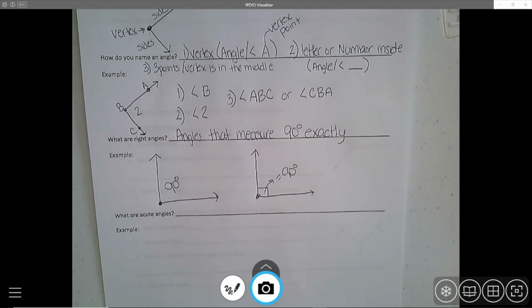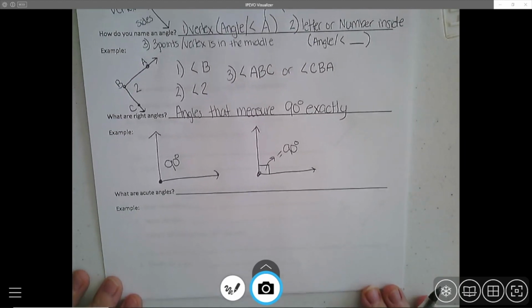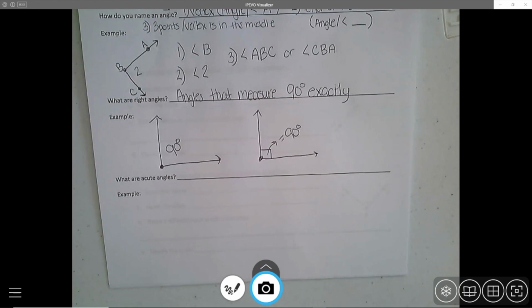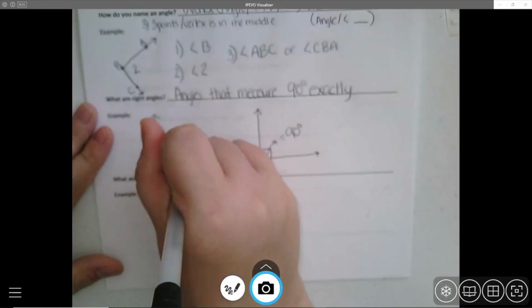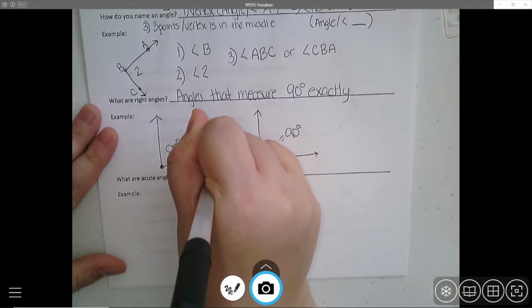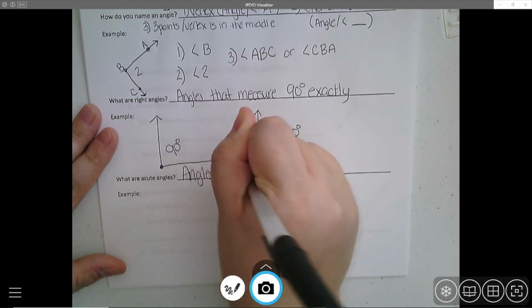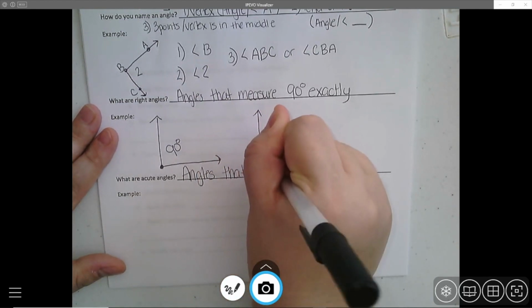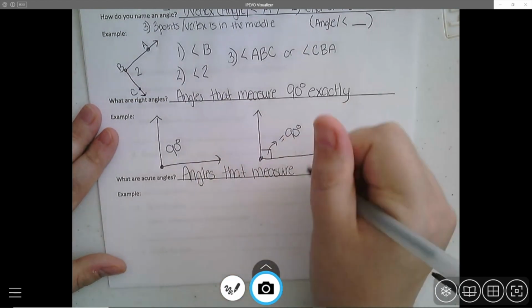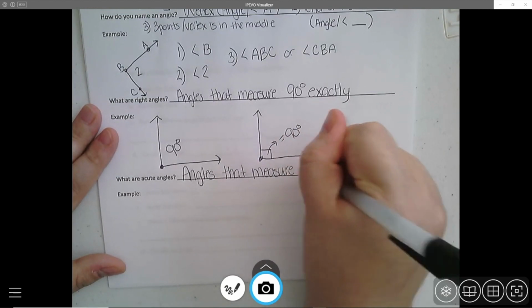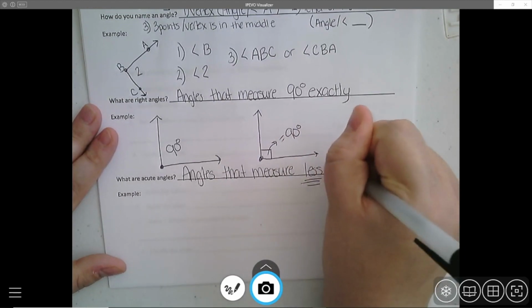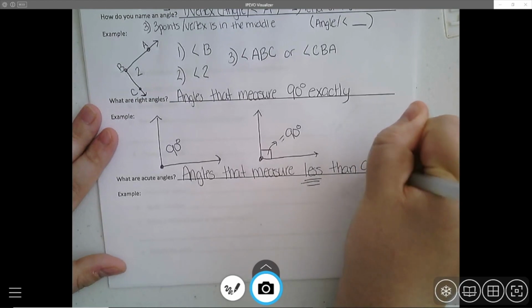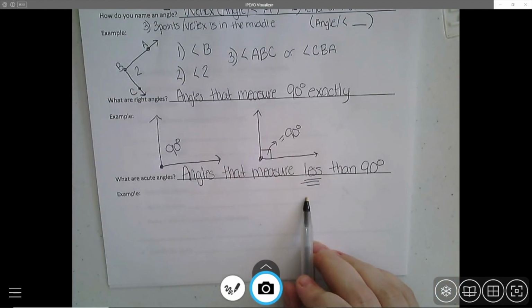Okay, another special type of angles is acute angles. These are angles that measure less than 90 degrees. Less is the key word.